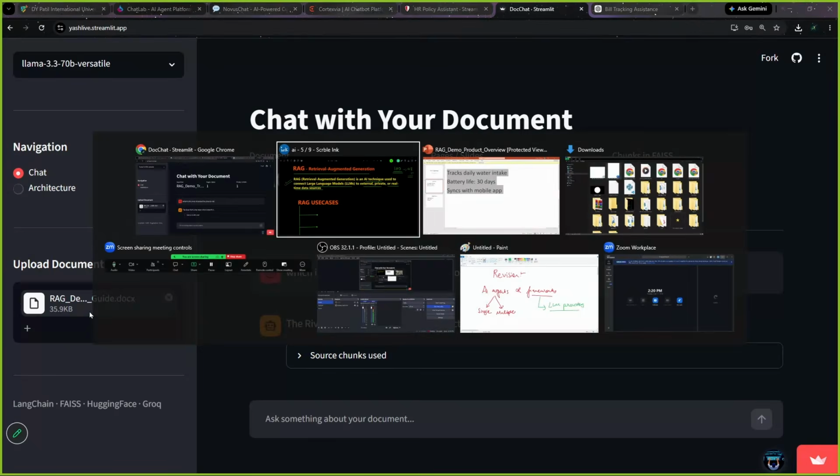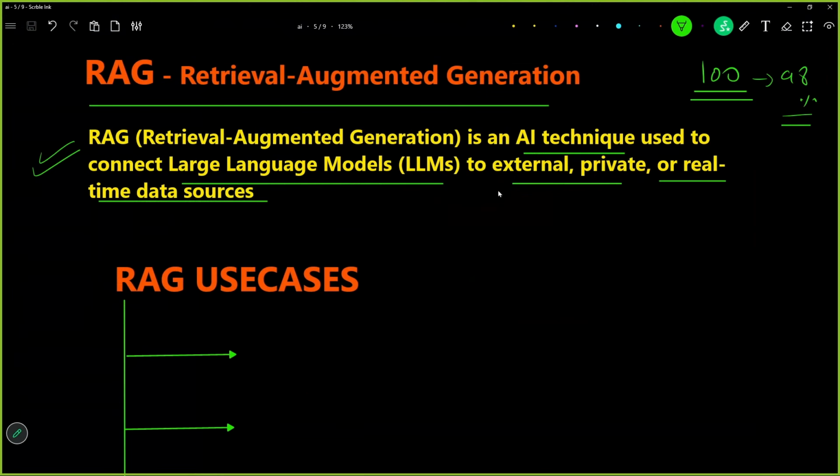Whether it is real-time, external, or private, any kind of data source, we can extract information out of it. The information being extracted from these documents, see, this is AI, a large language model, and this is a document.